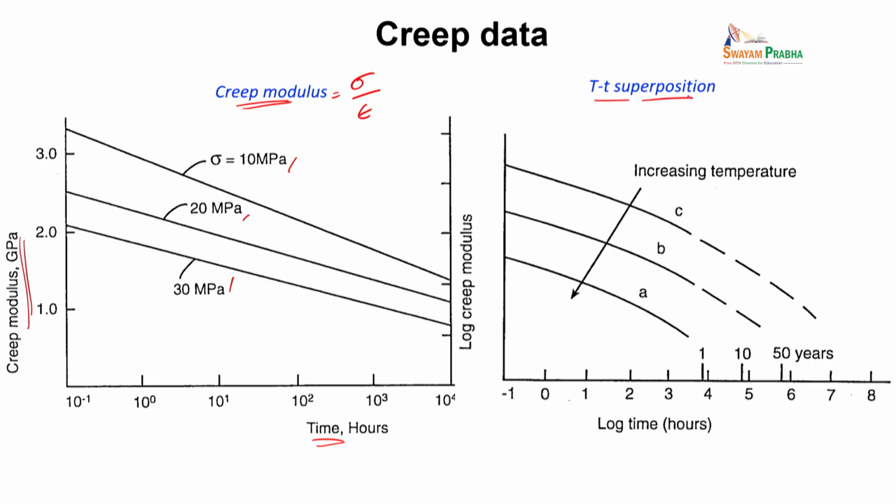One more thing we do is something called temperature time superposition. Say you are injection molding a particular plastic, and you want to see whether this plastic will sustain load for 5 years.